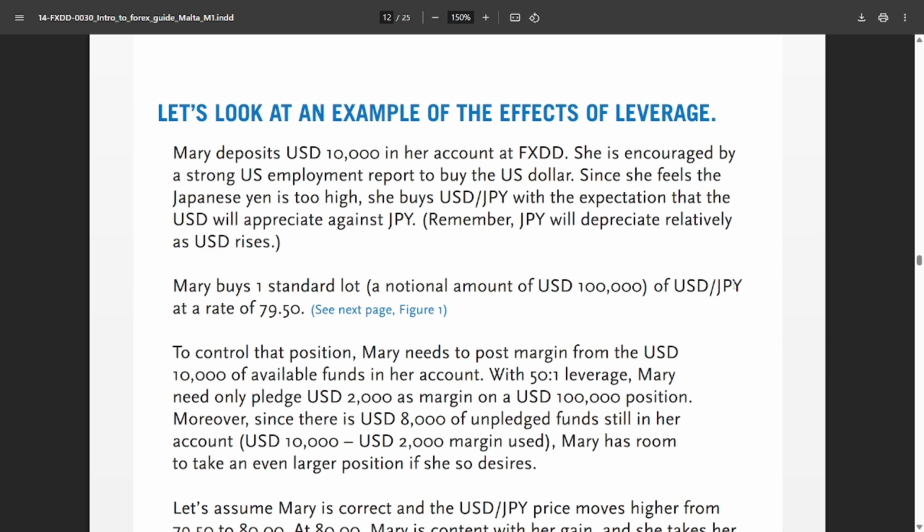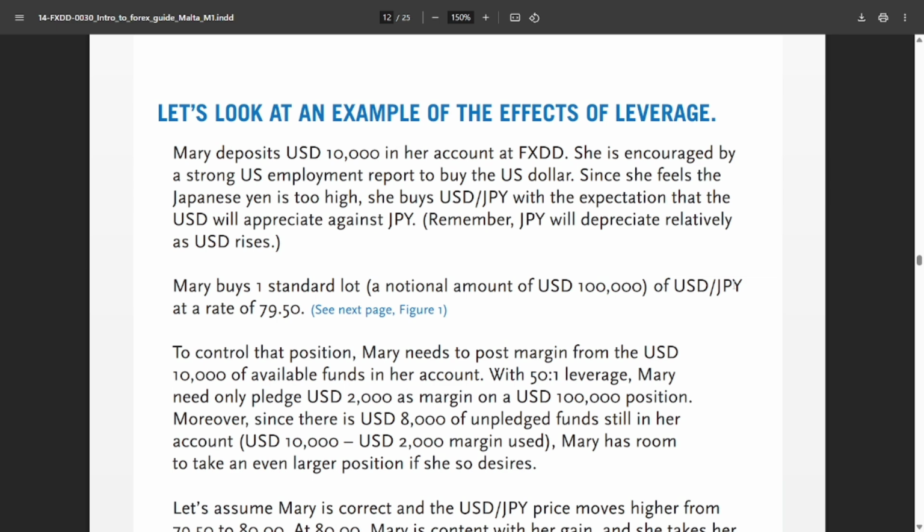Since she feels the Japanese yen is too high, she buys USD/JPY, expecting the USD to appreciate. Remember, JPY will depreciate relatively as USD rises. That was the golden point.